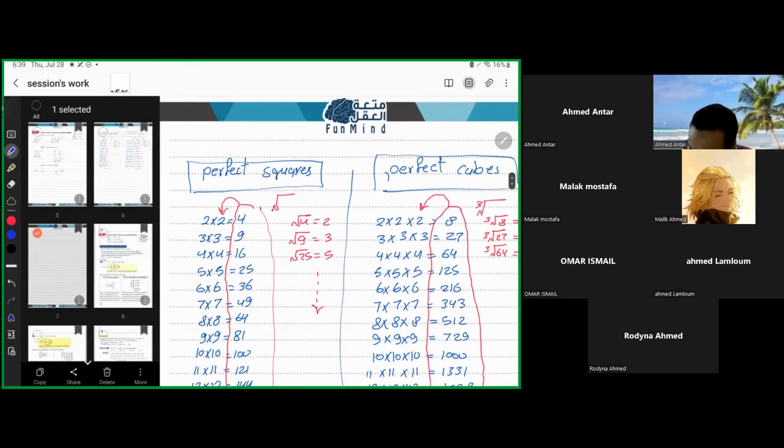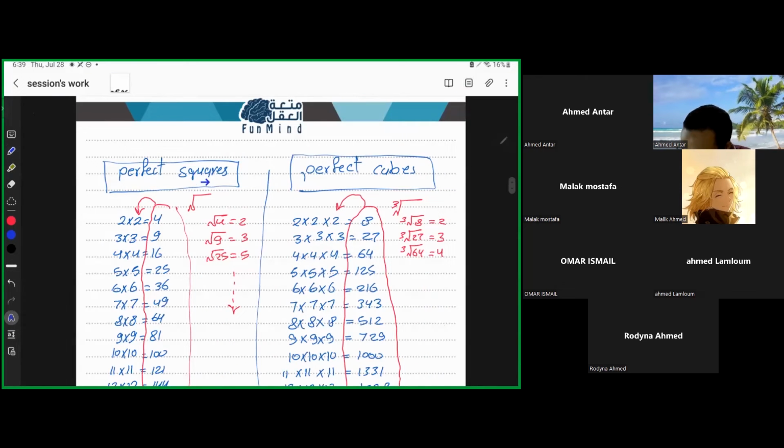The perfect squares are the numbers that are multiplied together 2 times. 2 times 2 is 4, 3 times 3 is 9, 4 times 4 is 16. So the square root of 4 is 2, the square root of 9 is 3, the square root of 25 is 5, 36 is 6, 49 is 7, 64 is 8, and so on.